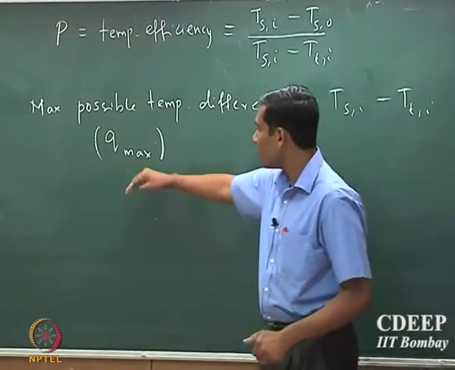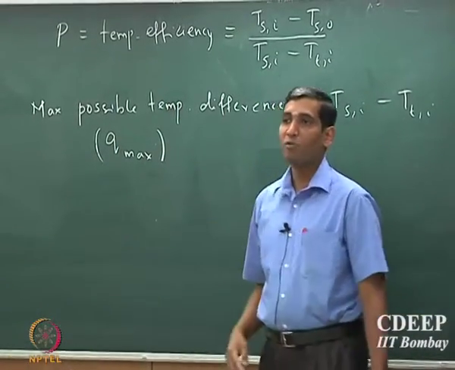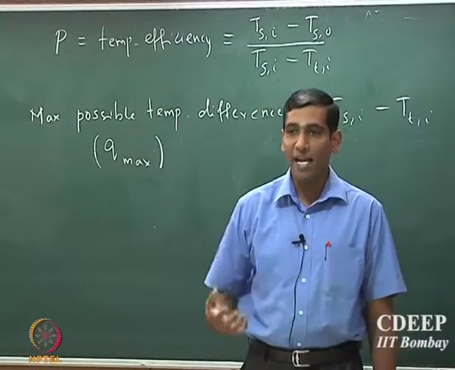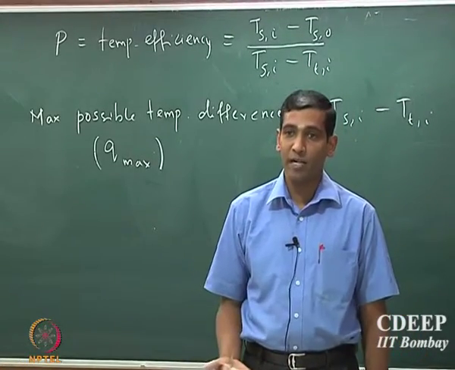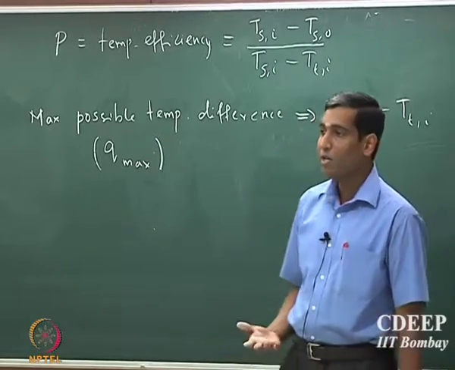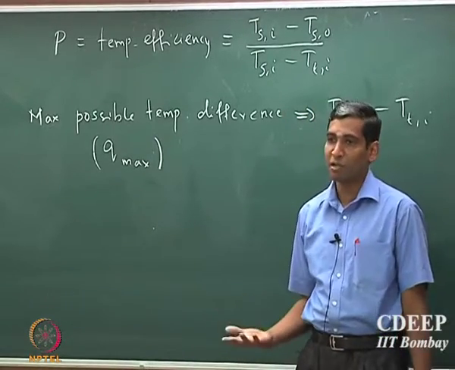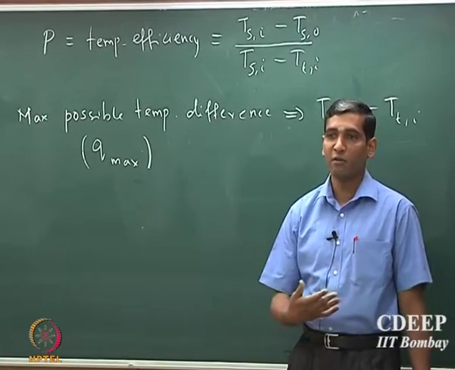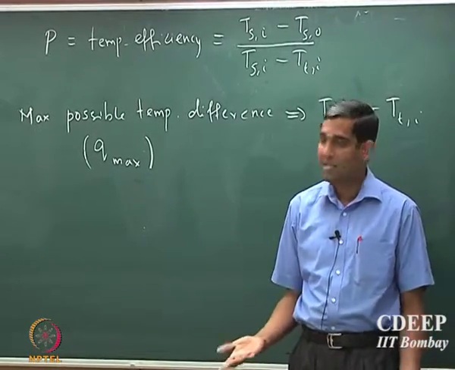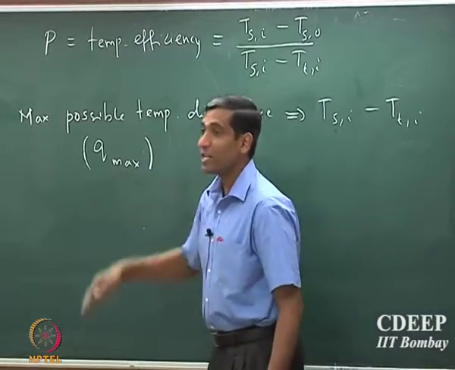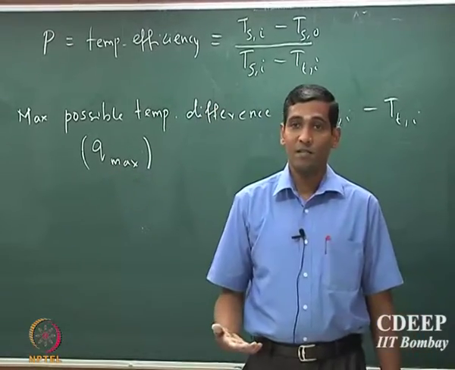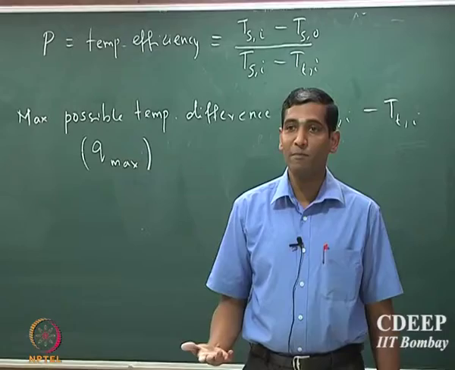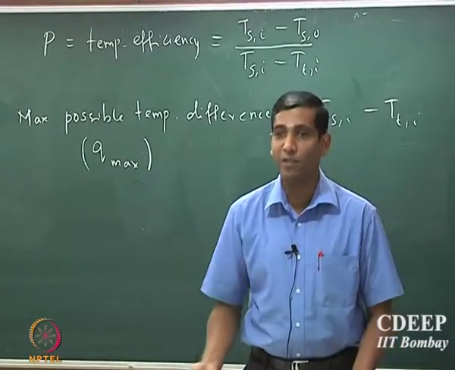We will see how to find the maximum possible heat transport rate. So far, all we know is the net heat transport rate in the hot fluid. We know the net heat transport rate in the cold fluid, which is equal at steady state, but we do not know the theoretical maximum possible. Only if we know that will we be able to define some sort of efficiency.